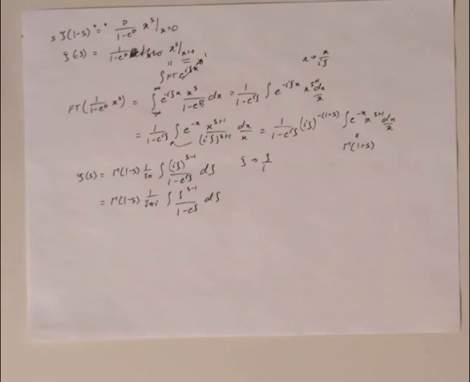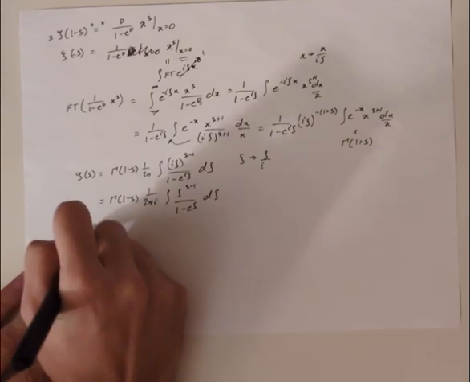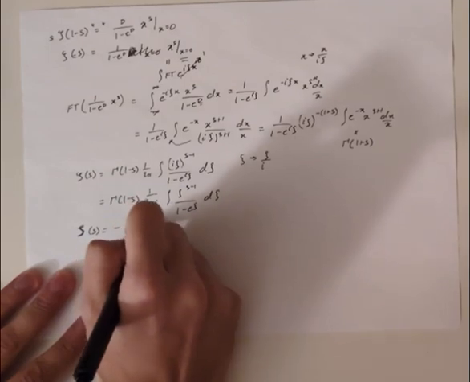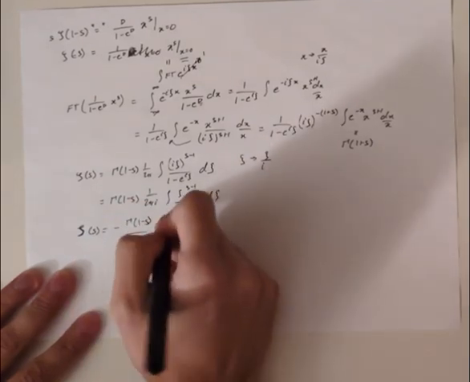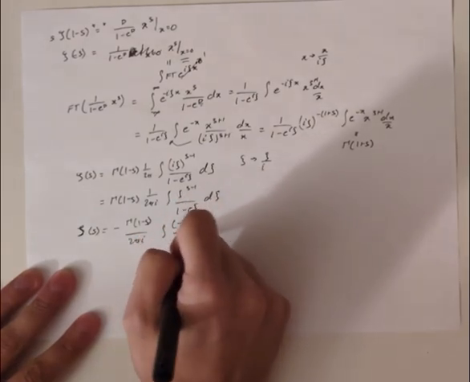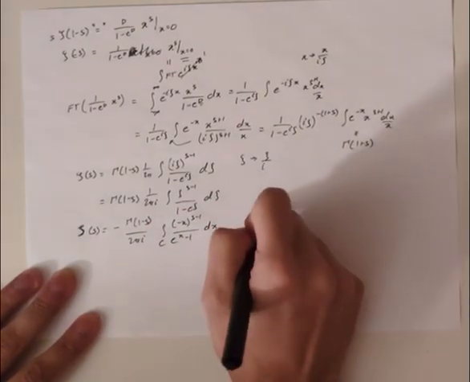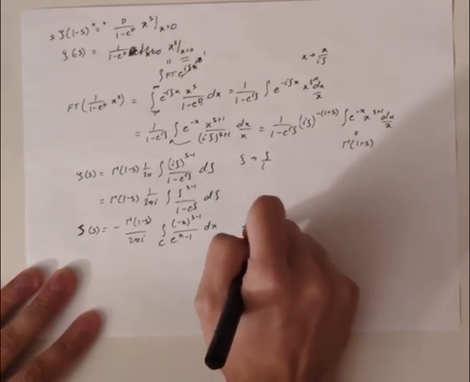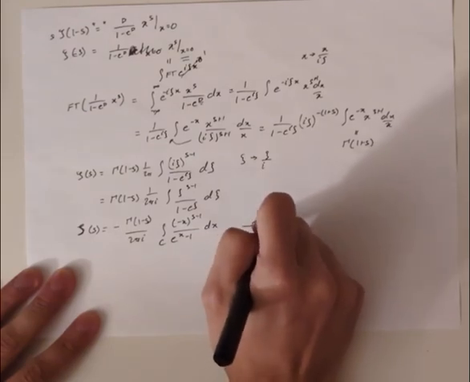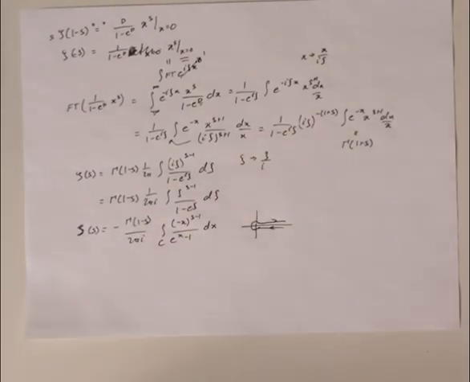Yeah, so Riemann's formula for the zeta function is that zeta of s is equal to negative gamma of 1 minus s over 2 pi i times the integral of negative x to the power of s minus 1 over e to the x minus 1 dx over this contour C, where C is the contour that goes from positive infinity near 0, wraps around 0 once, and then goes back around to positive infinity.